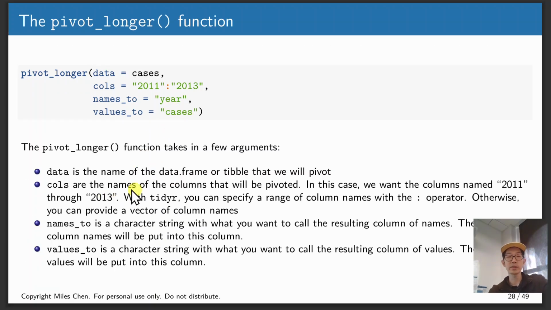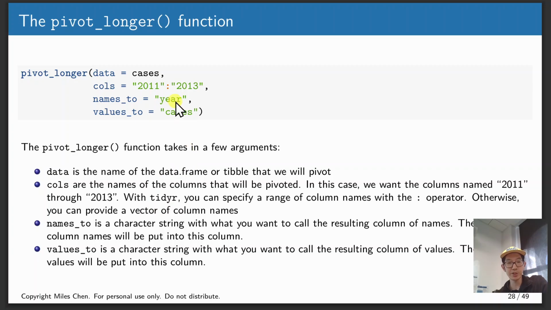So the cols argument is the names of the columns that will be pivoted, and we are pivoting the columns 2011 through 2013. Here we can use the colon to specify a range of columns, or you can provide a vector of column names. This is going to assume these columns are all adjacent, okay?